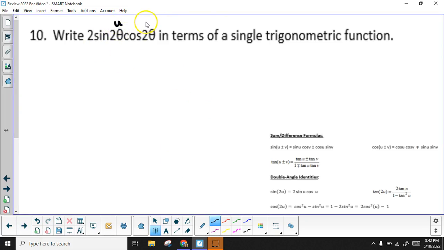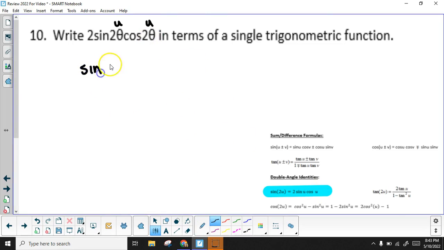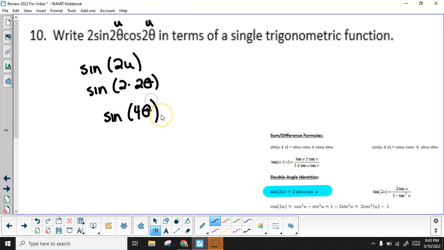Since they're both 2 theta, this is 2 sine u cosine u, which is equal to sine of 2u. And our u is 2 theta, so this is sine of 2 times 2 theta, which is the sine of 4 theta.